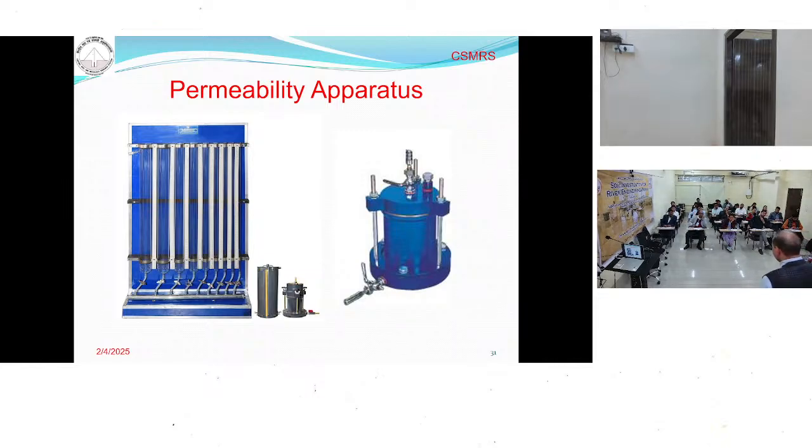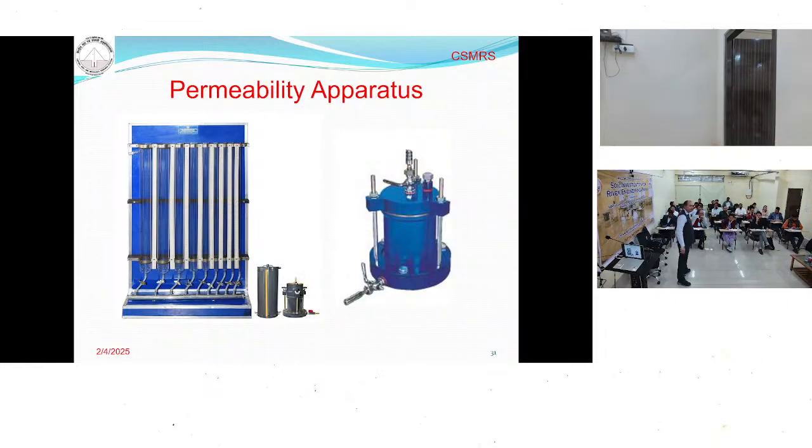So what we do is take the mold and compact the soil in the permeability mold. After the compaction, you attach this water column with the help of a flexible pipe to this mold, fill the glass cylinder with water, and note down the initial water level.